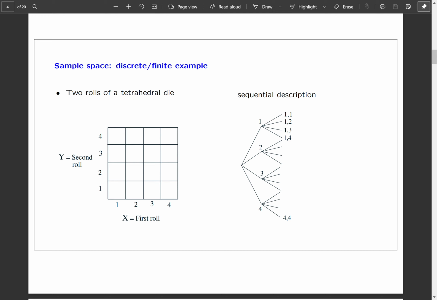each showing a potential outcome of the experiment. So let's say we do the first roll. We'll take the result of the first roll, and let's say we do the second roll, and we'll take note of the result of the second roll.